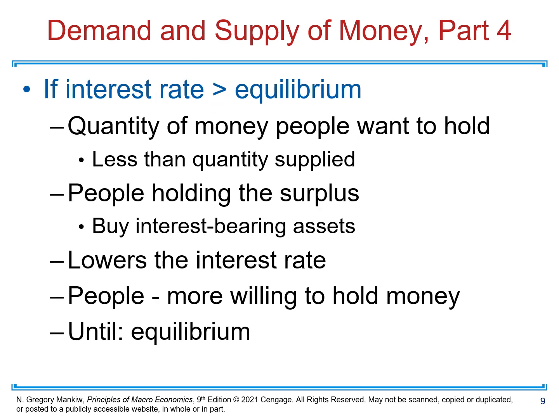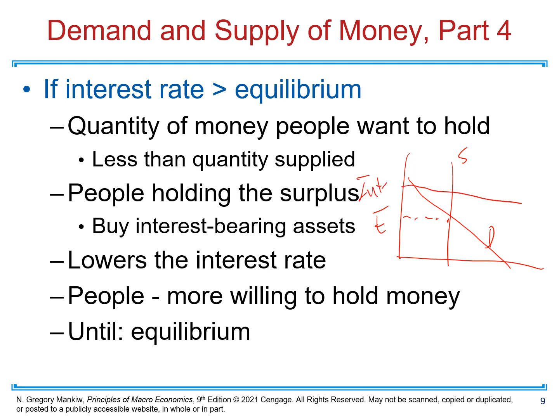Anytime your market interest rate is above equilibrium, the quantity of money people want to hold will be less than the quantity supplied. It's the same as our regular supply and demand diagram. We have our demand over here, supply over here, so that is our equilibrium. Let's call this E. Now, if your interest rate is currently higher, at a higher interest rate, we're going to see more quantity supplied of money and lower demand for money, and that will be a surplus.